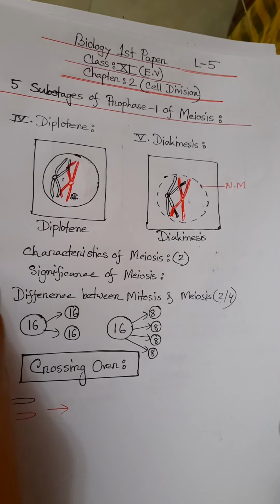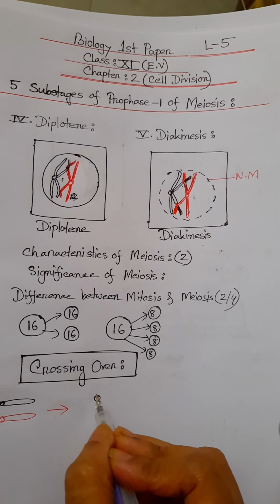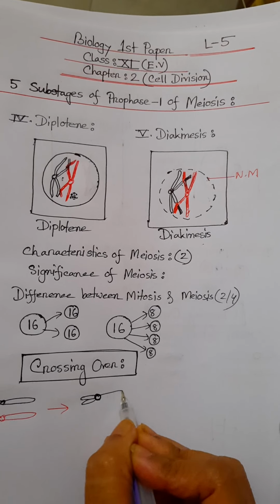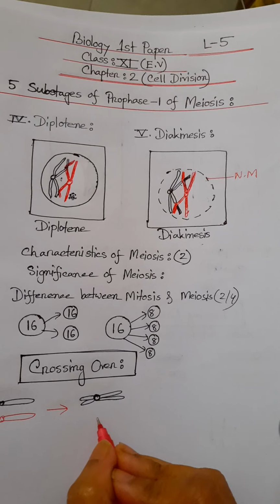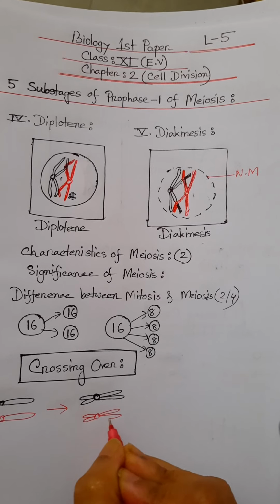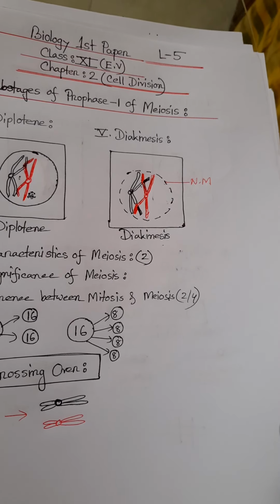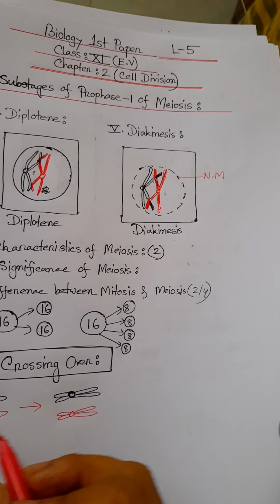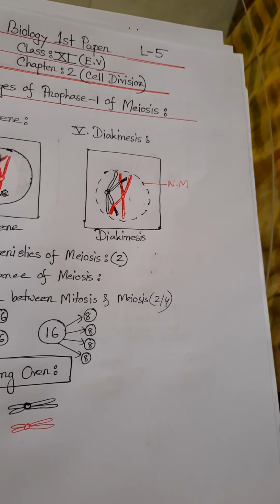Then they divide; there is one centromere, but the chromatids are four. One centromere contains 4 chromatids. This is the stage of zygotene, leptotene, zygotene or pachytene.